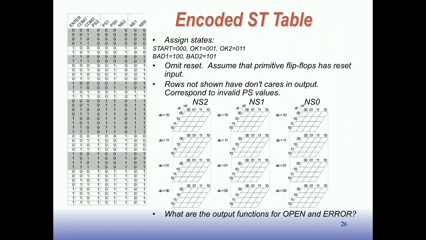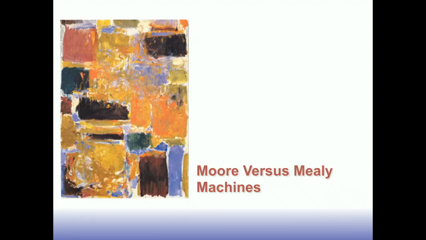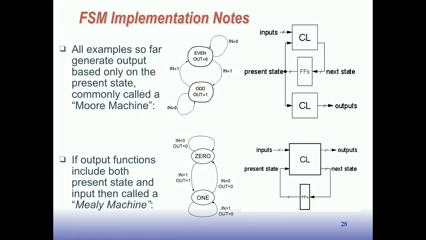Okay. So now, another concept related to finite state machines has to do with Moore versus Mealy, and I'll show you what that means. So all our examples so far have looked like this, where the output is based only on the present state.